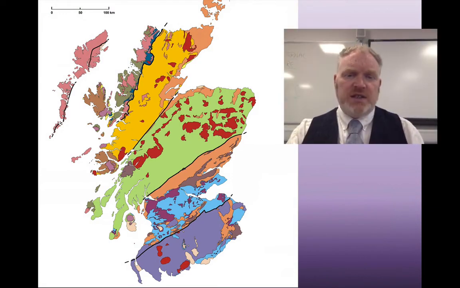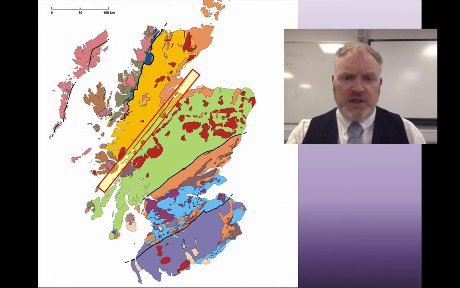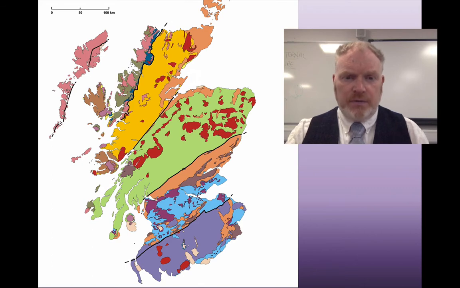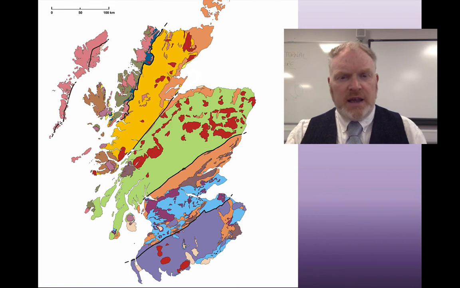Okay, we started this lesson mentioning this feature in Scotland called the Great Glen. There it is. I want us to look a little bit more at the geological evidence for what's going on there. You can see that the geology either side of that line is different. There's also a clear impact of this in the landscape.